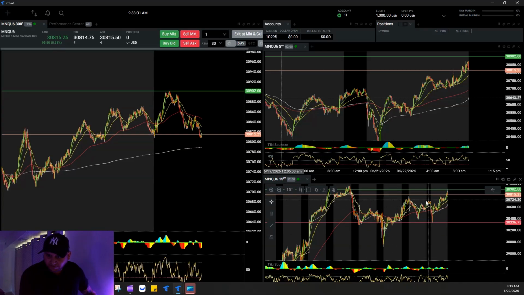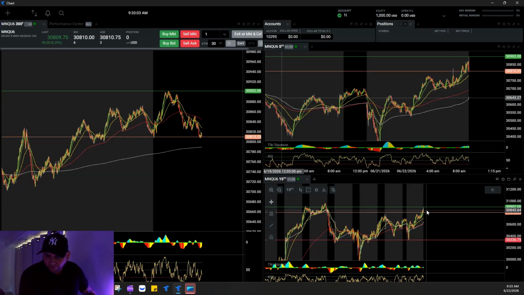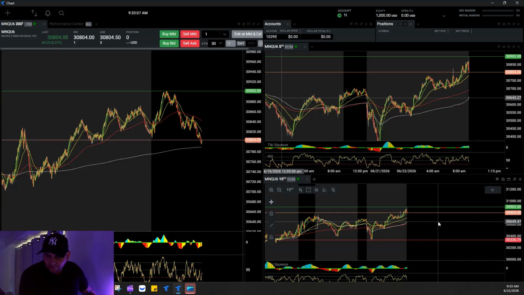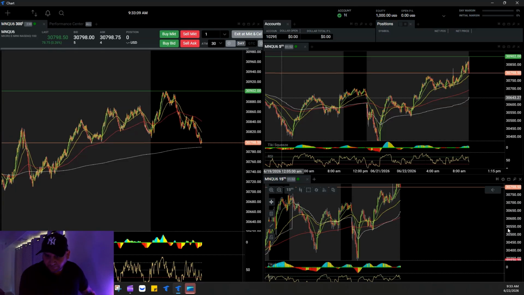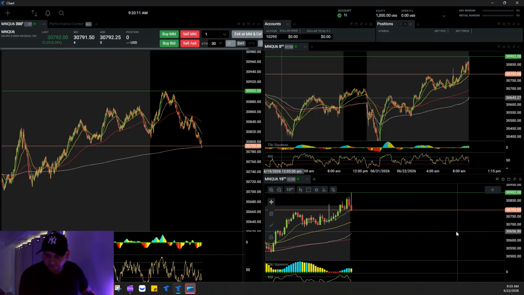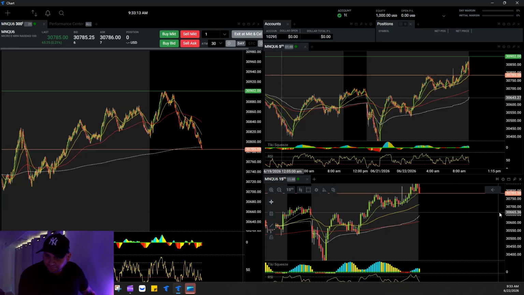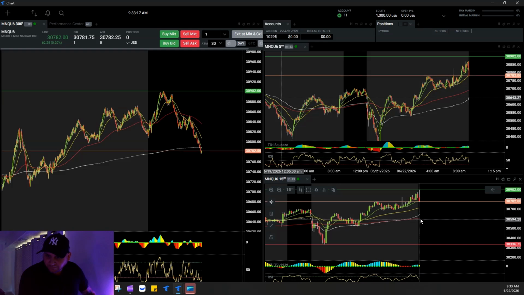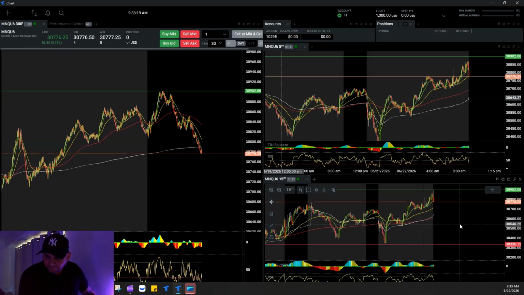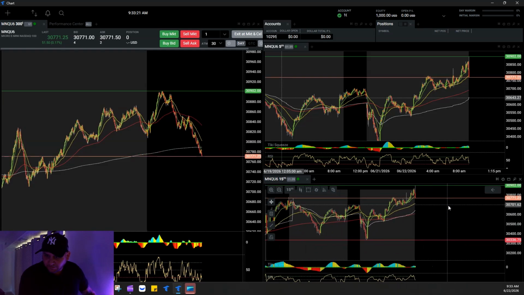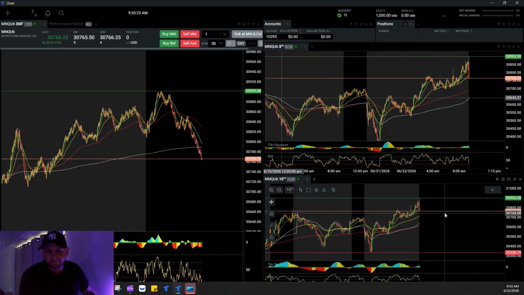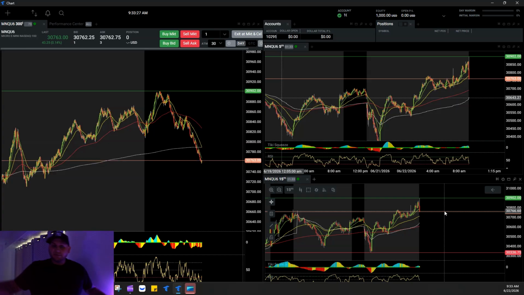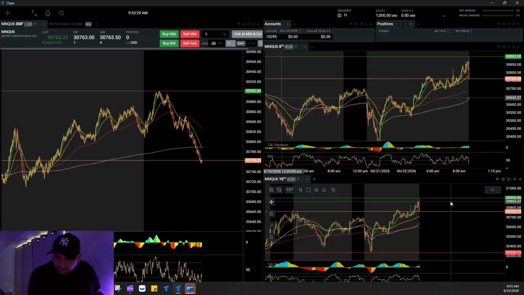So price actually already did come up to here this morning, right here. It's going to be interesting to see how this plays out. Let's see if I can zoom in on this. Is price going to fall all the way back down to here? I'm not sure, but it looks like it could very well possibly, because obviously the overall market bias is up. It's kind of what we want.